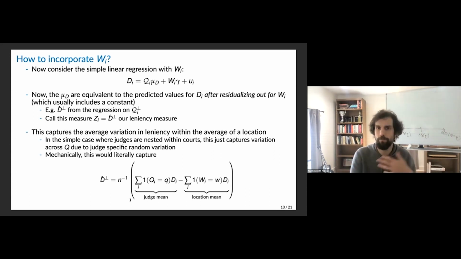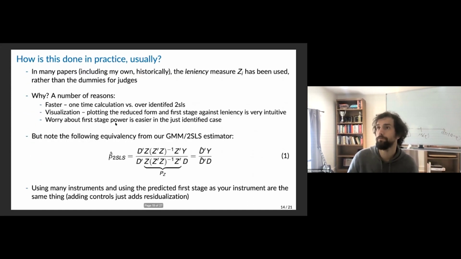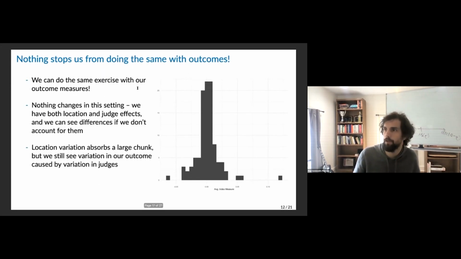Remember I said with many IV, you worry about overfitting. You have this problem from having many dummies or many right-hand side variables in the 2SLS problem. So there's this fitted value, D hat, as the leniency measure that people traditionally have used rather than these dummies. A lot of papers construct this leniency measure where they do some version of what I just talked about.